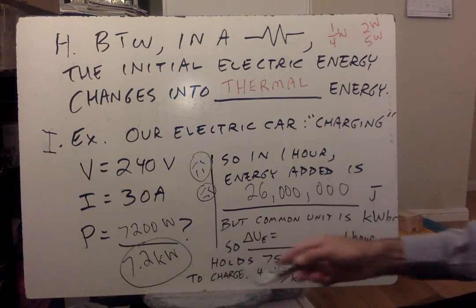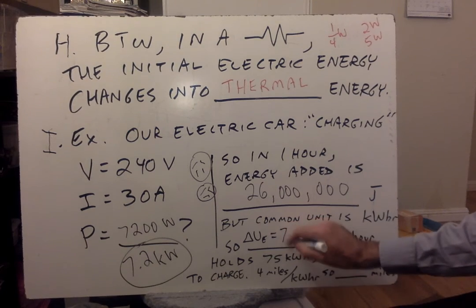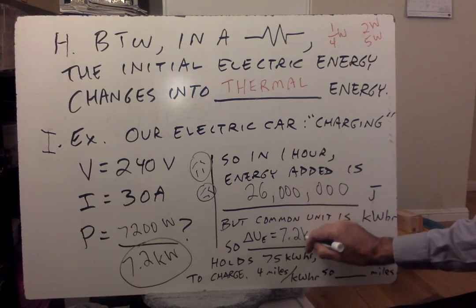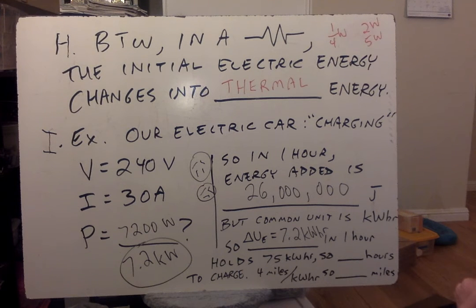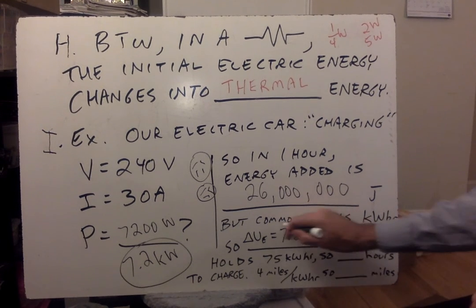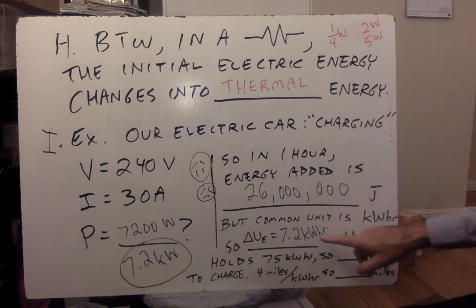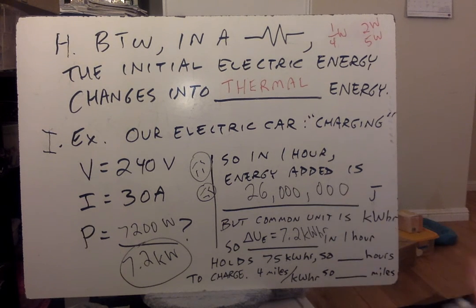So 7.2 kilowatts means in 1 hour you would transfer 7.2 kilowatt hours of energy into the car. So this is a unit for energy, the kilowatt hour. To convert it to joules, you replace that hour with 3,600 seconds and you get the 26 million there. And of course the K means 1,000. It takes a little while to get used to this, but the kilowatt hour is a unit for energy.